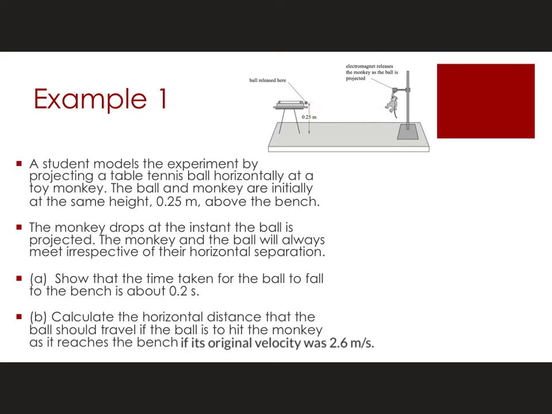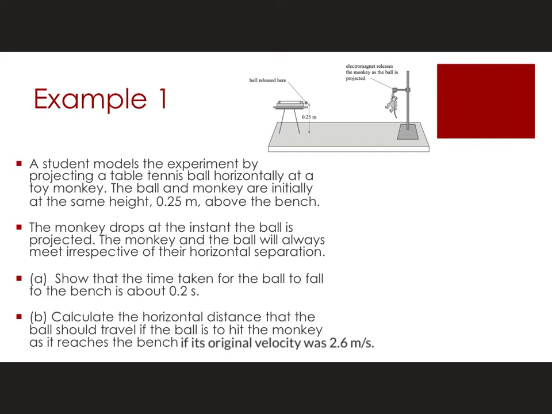And because those two components are independent, that means my ball will still hit the monkey each time. It's just like when you're shooting an arrow, you don't actually shoot right at the target. You have to shoot slightly above it because by the time the arrow reaches the target, it will have fallen.